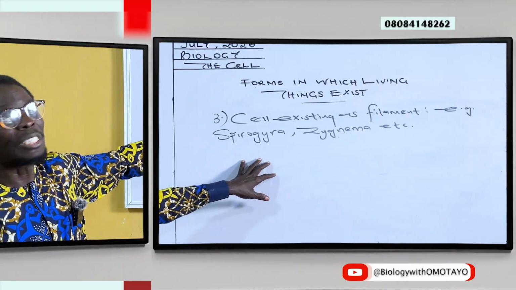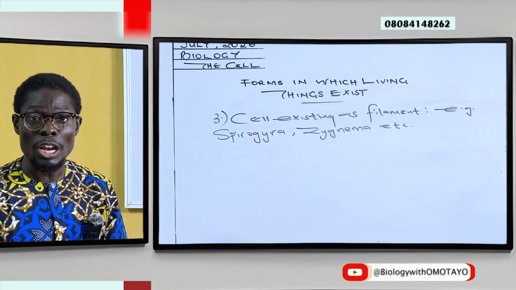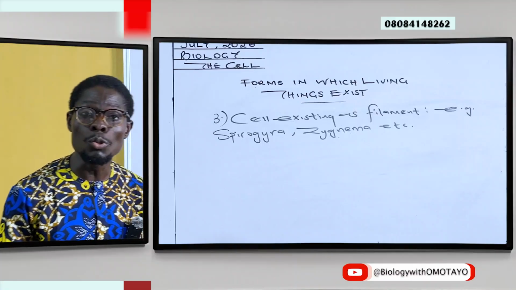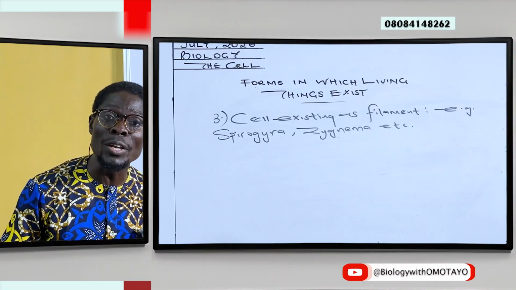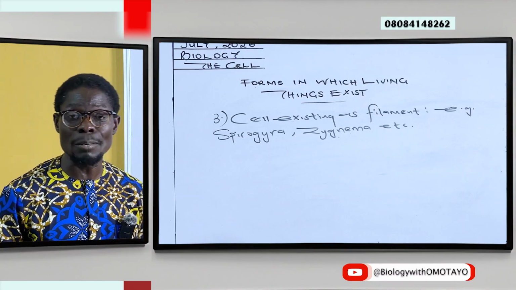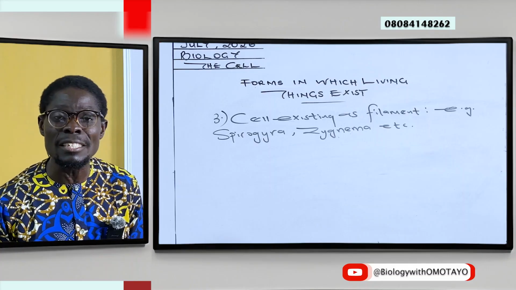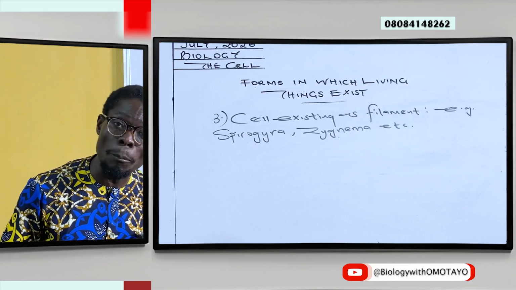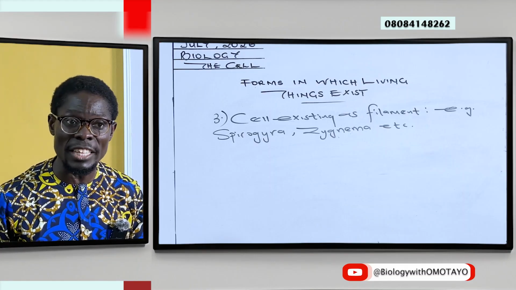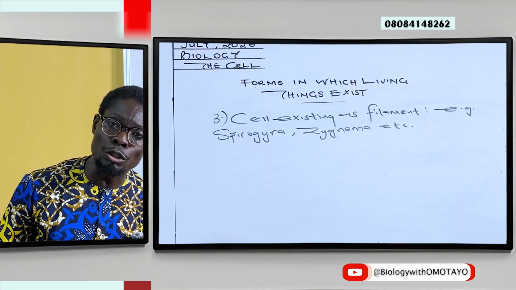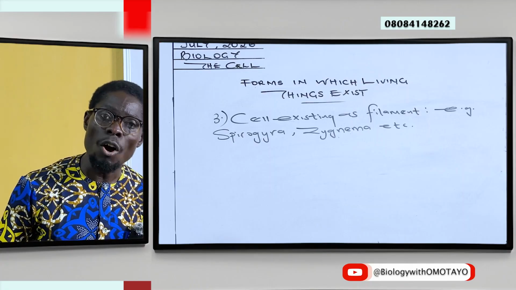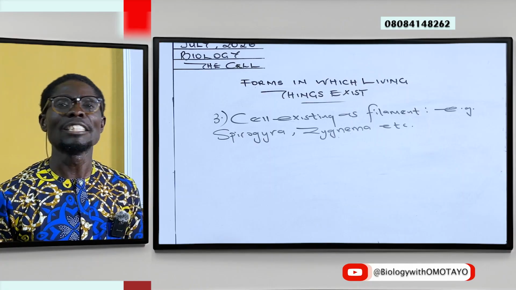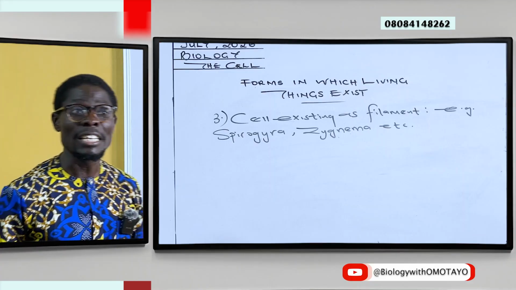And a good example is the Spirogyra, which is very common, the greenish organism we see in slow moving or partially stagnant water bodies. You see greenish stain either on the surface of the water or somewhere around the water. That is the Spirogyra.